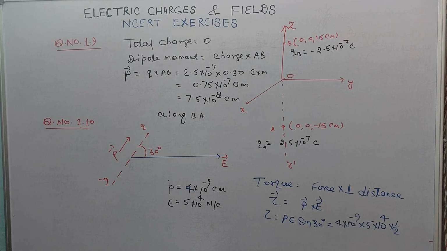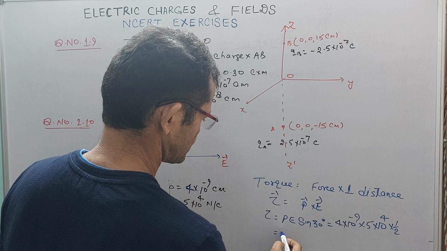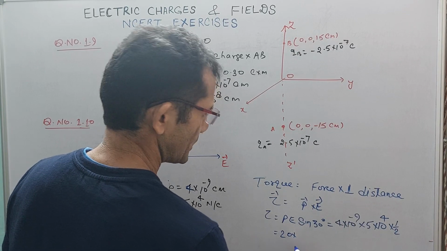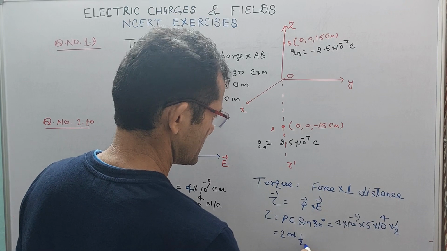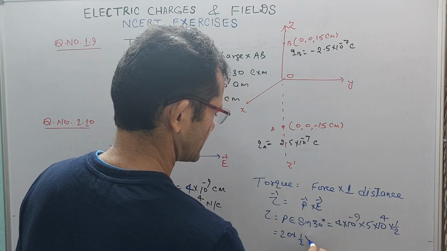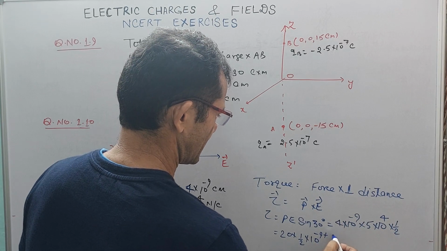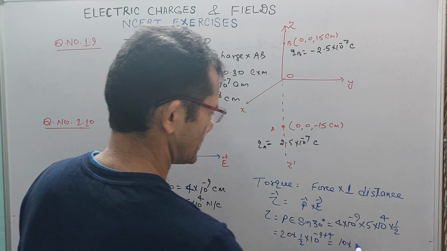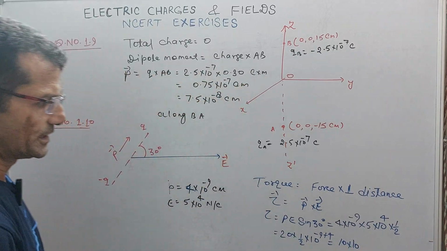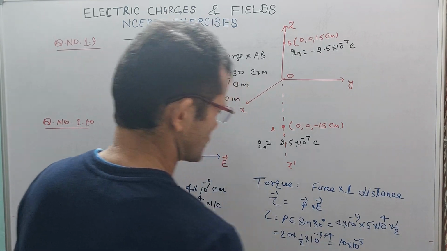If I simplify this, 4 into 5 is 20, 20 divided by 2. The power: adding minus 9 plus 4 is minus 5.